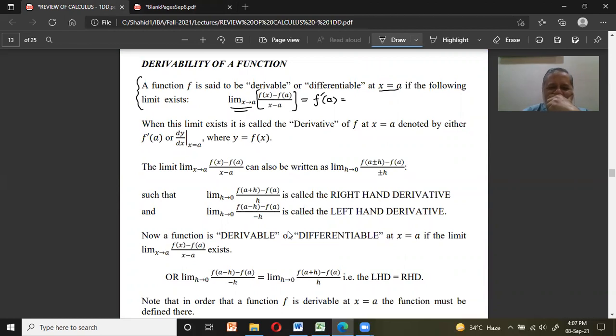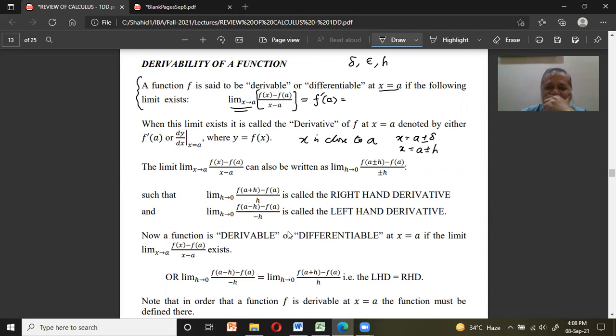At times, when we talk about limits, we say that x is close to a, that is, x is equal to a plus delta or a minus delta. But the convention is that when we talk about derivatives, as I told you last time, for small numbers we use the notation delta, epsilon, and h. So to evaluate this limit we transform this: instead of x equals a plus or minus delta, we use x equals a plus or minus h.